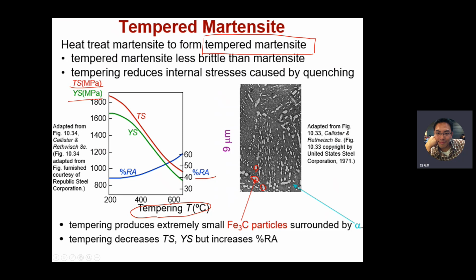Do you still remember the spheroidite structure? The spheroidite structure has the lowest mechanical property, yield stress and tensile stress. And the alpha ferrite is soft. Therefore, by the tempering process, the mechanical properties of martensite can be reduced.